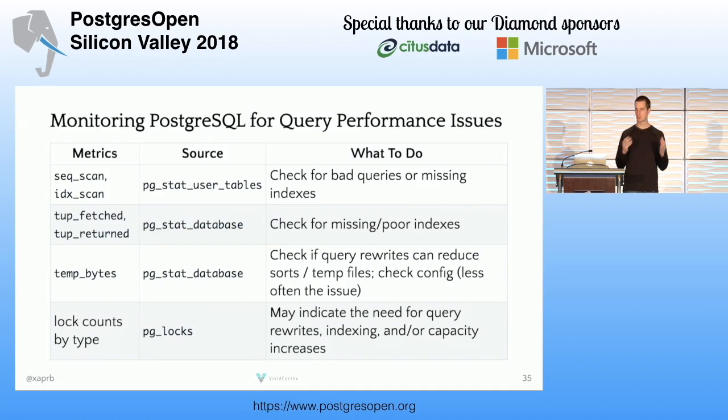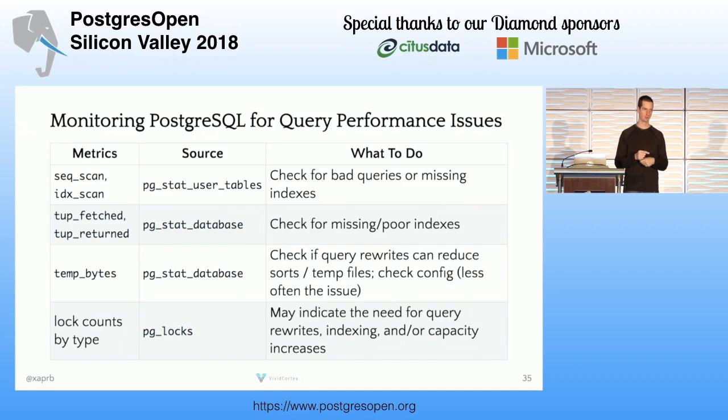So these are the things that I think you can start from. They're a starting place where you don't have to have a theory. These are diagnostic metrics that can tell you whether there is a problem and lead you to the next step. If sequential scans or index scans are higher than normal, then you probably have a problem.